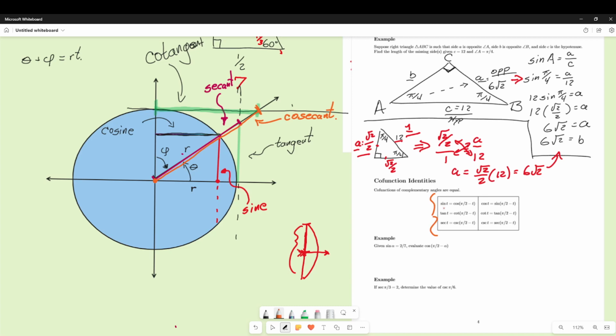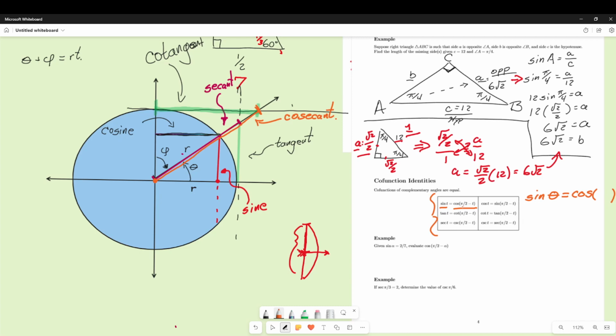When it says that the sine of t is equal to the cosine of pi over 2 minus t, what it's talking about is if we have the sine of some angle, it's going to be equal to the cosine of that angle's complement, because the sine turns into the cosine when we go from an angle to its complement.